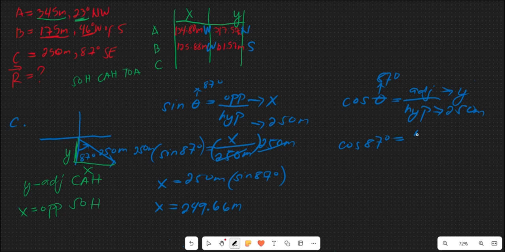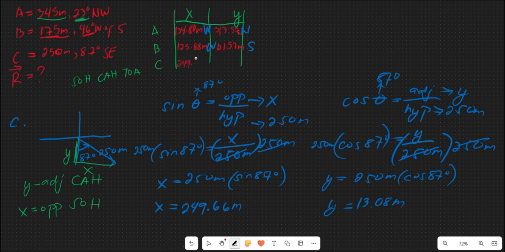Rewriting the equation, we have cosine 87 degrees is equal to y over 250 meters. Multiplying 250 meters to both sides, we cancel out the 250 meters on the right. And we are left with y is equal to 250 meters multiplied by cosine 87 degrees. And now we have 13.08 meters.